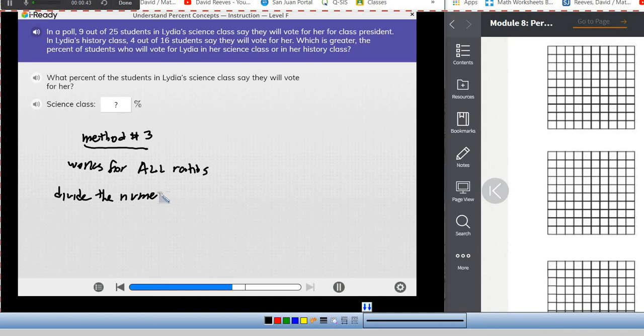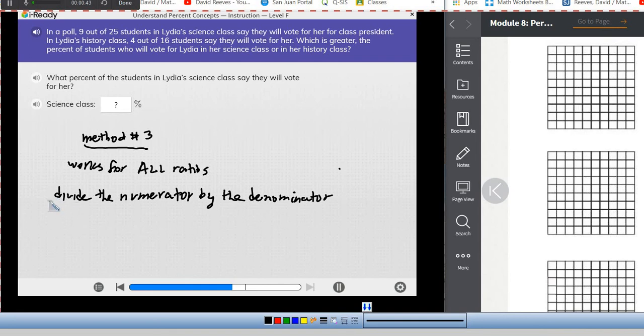Divide the numerator by the denominator. If we divide the numerator by the denominator, we're going to get a decimal, okay?